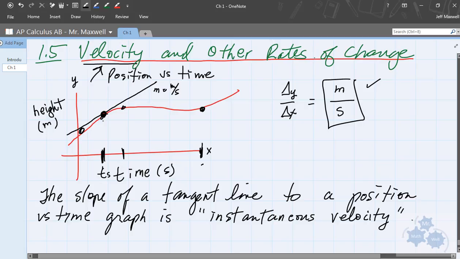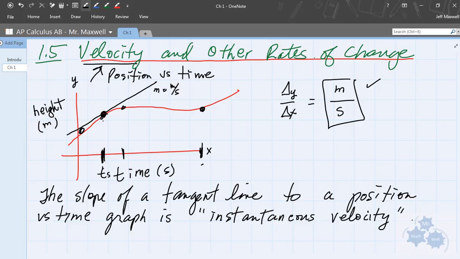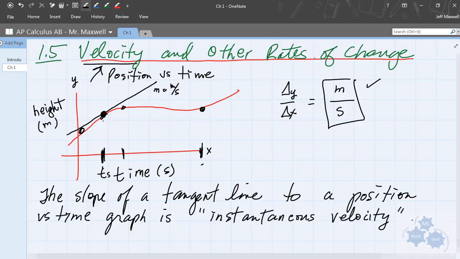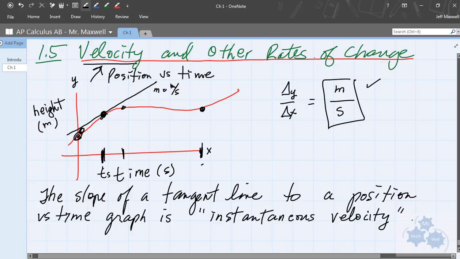So think about it when you're driving in a car, your speedometer. If you look down and it says 54 kilometers per hour, at the instant that you see that, that's your speed right there. If you take your average speed for an entire trip, from when you start your trip to when you end your trip, that's an average velocity.